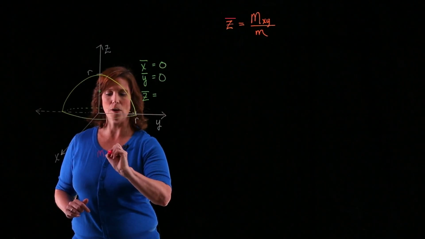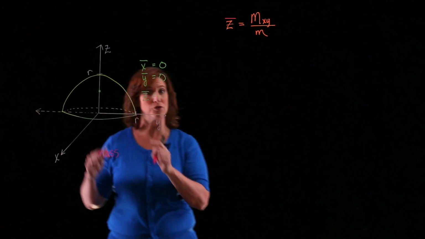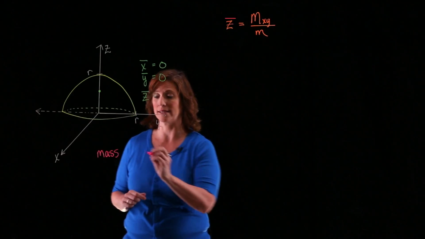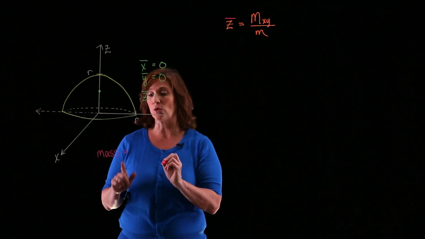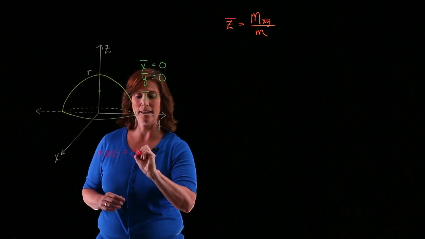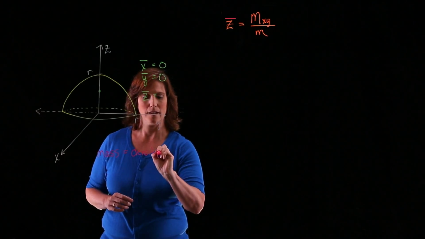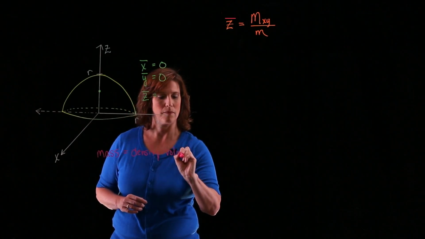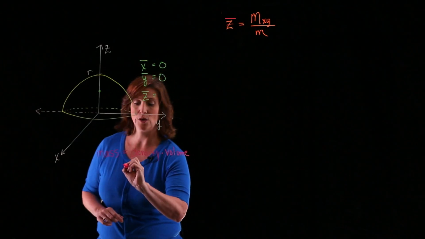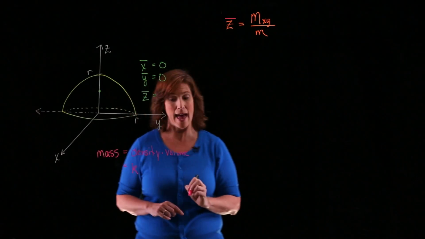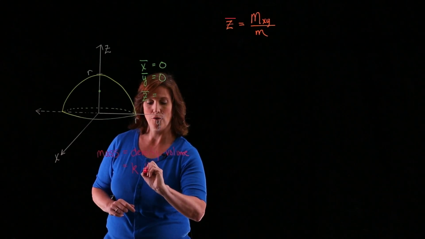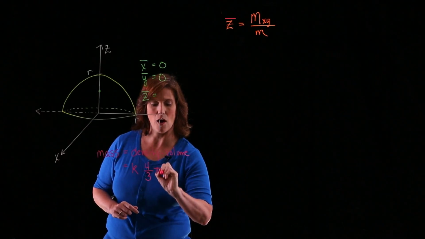However, I also notice that because this is a geometry shape, a hemisphere, I can just use a geometry formula to calculate the mass. Now remember what mass is. It is going to be not just the volume, but the density times the volume. Our problem did tell us that we had uniform density, so our density is just going to be a constant K. Our volume for a hemisphere is going to be 4/3 pi r cubed.